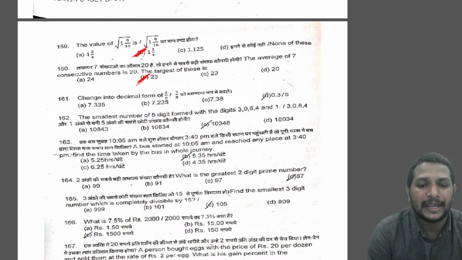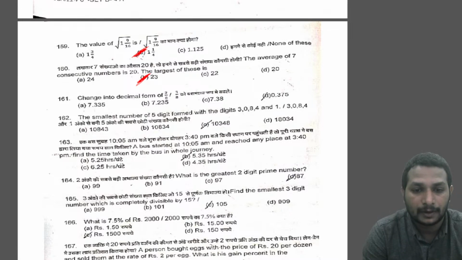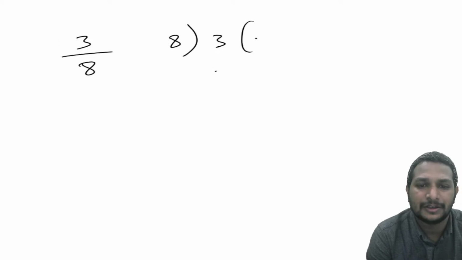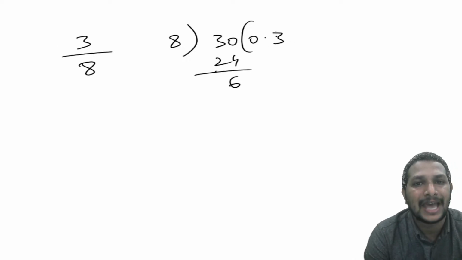So 3 by 8. The division: 8 and 3. Put a decimal and I can get a 0. 8 3s are 24, remainder 6. As we have a decimal, we can get one more 0. 8 7s are 56, remainder 4.